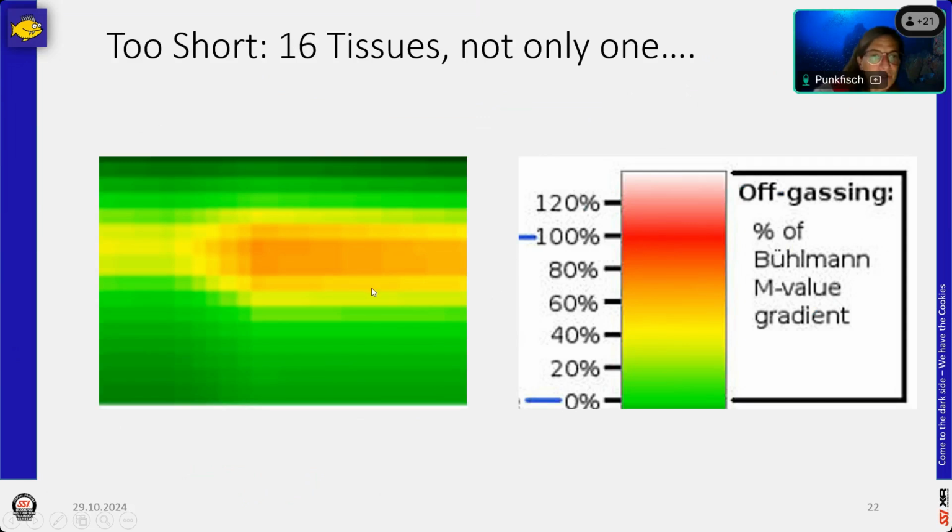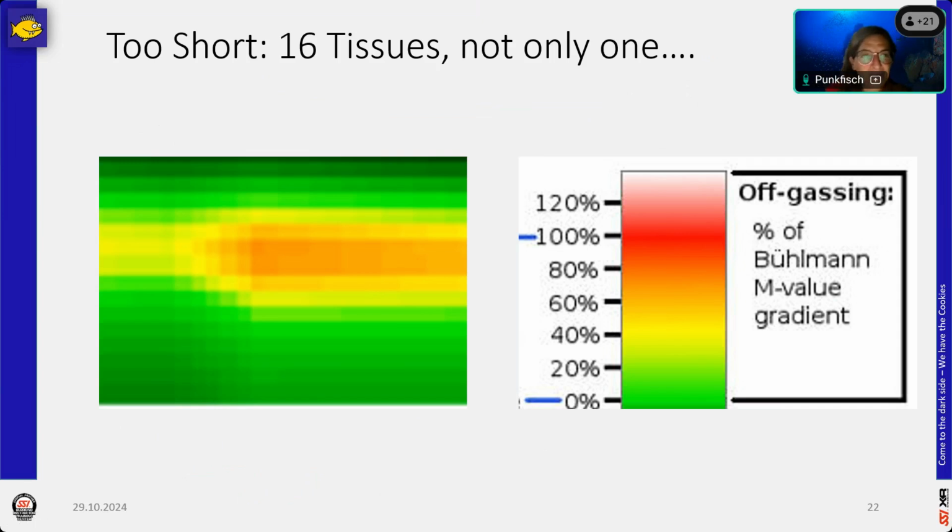So this is a tool that we do use a lot when it comes to deeper questions about decompression theory, where this plot with the one tissue just is not helpful at all anymore, and you need a way to visualize all 16 tissues at once and not only one, because it does get chaotic, and while you try to treat one tissue especially well and desaturate this tissue especially well, you oversaturate other tissues.